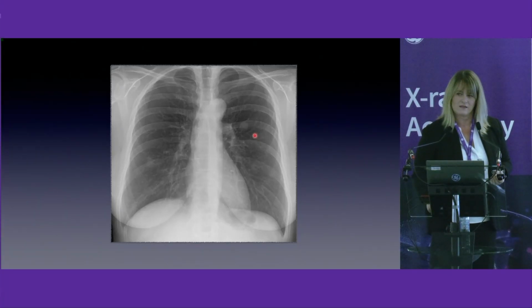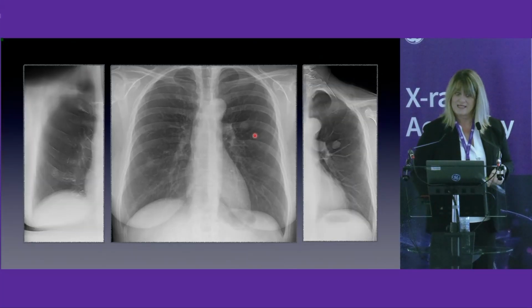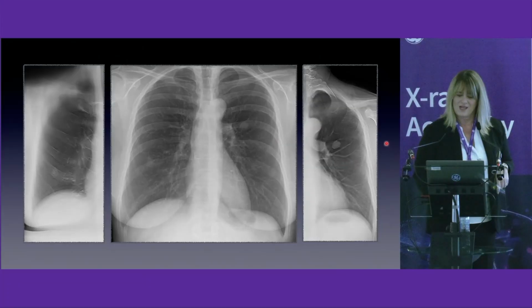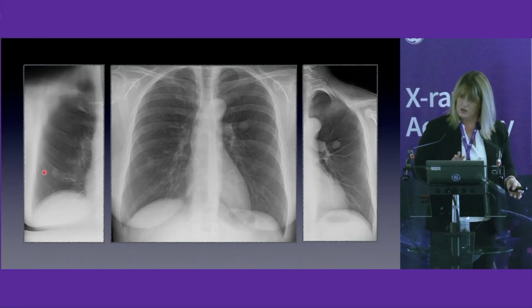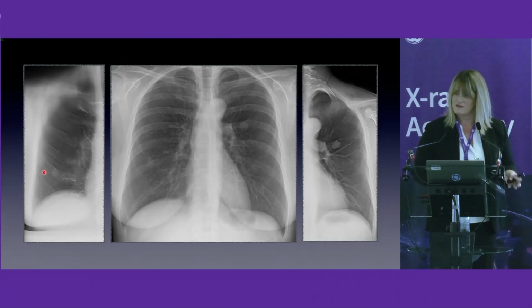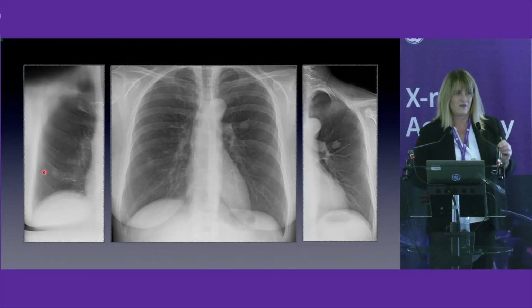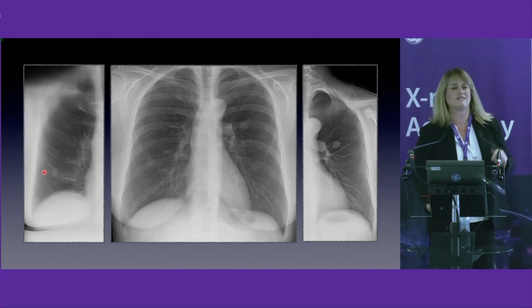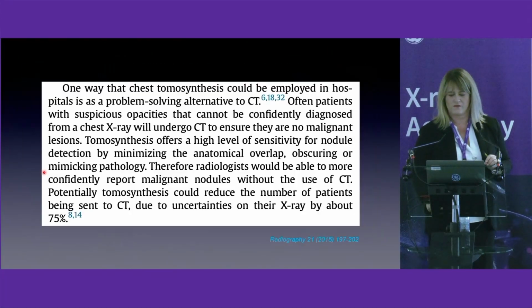So we perform digital tomosynthesis and take a look at this. This one is a true lung nodule, while this one is a bone island. It's not easy to discriminate the correct location of nodules, and in this patient I think that DTS can be very useful.